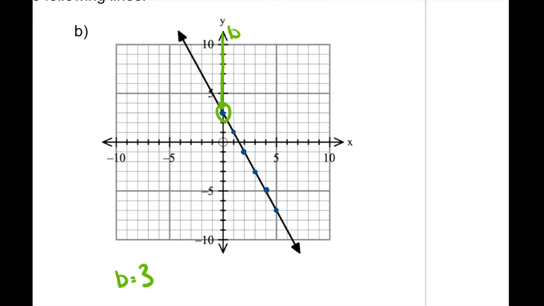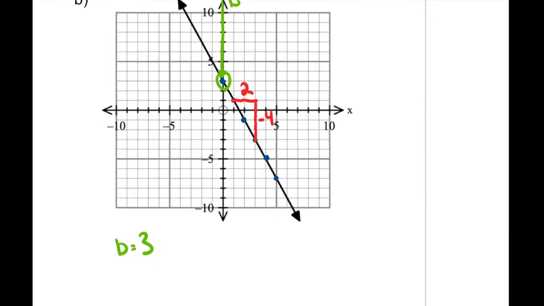So I'm going to pick 2 points and figure out what the rise and the run is, going from one point to the next. I'm going to pick these 2 points because it gives me a little bit of room to work with. Going from one point to the next, I go over 1, 2, so 2 in the positive direction. Now I go 1, 2, 3, 4 down, so that's minus 4.